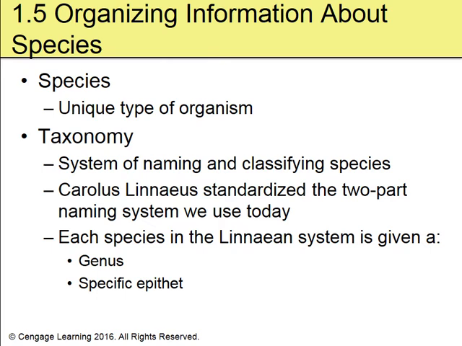Linnaeus developed a system in which each different species had a two-part name. They were all given a genus name, that's sort of their family group, and then a specific epithet. Now, in this case, an epithet does not mean a bad word. It just means a descriptor, so the species name.